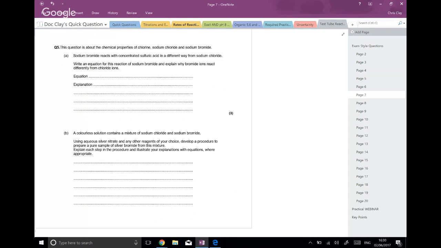So let's have a look at question 5. Just to note, this is a reaction about concentrated sulfuric acid.